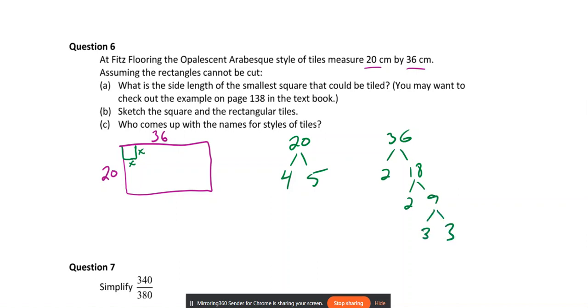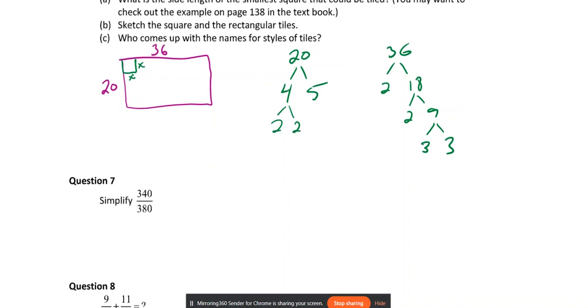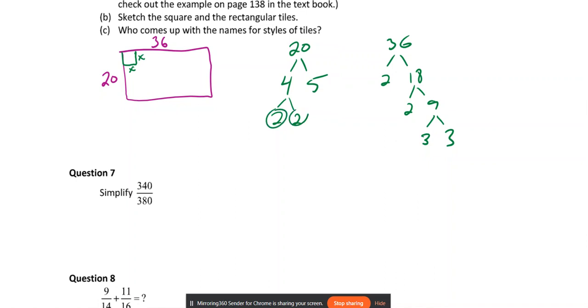And sorry, 4 was 2 and 2. So what's common to both? Those 2s. So that'd be 2 squared times 5, and this would have been 2 squared times 3 squared. So the 2 squareds are common to both, so 4.